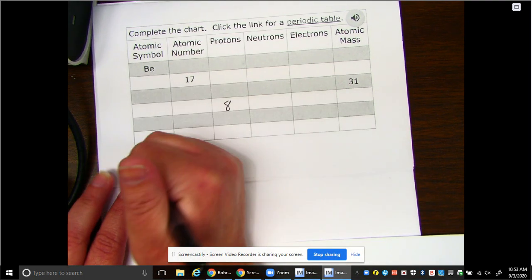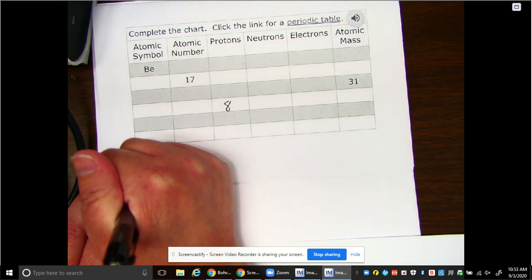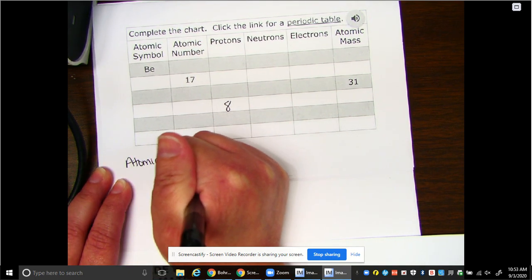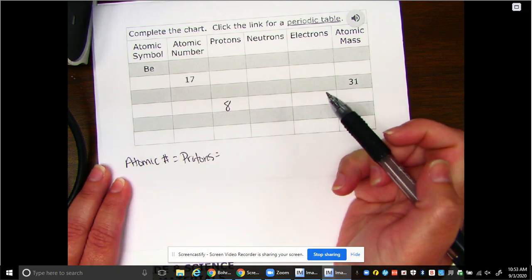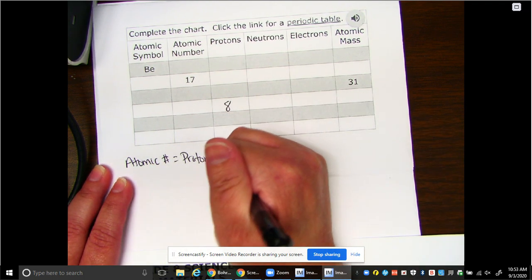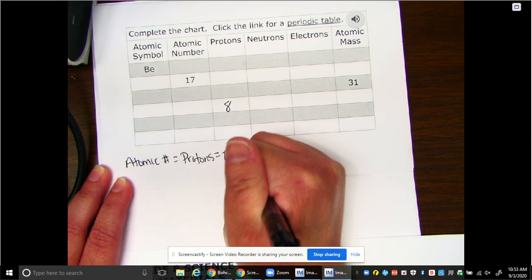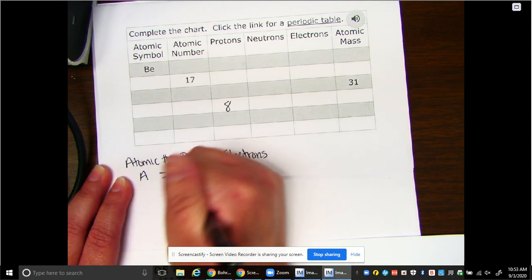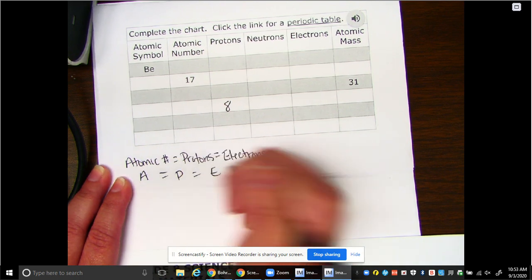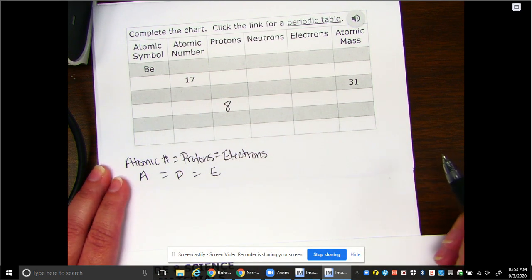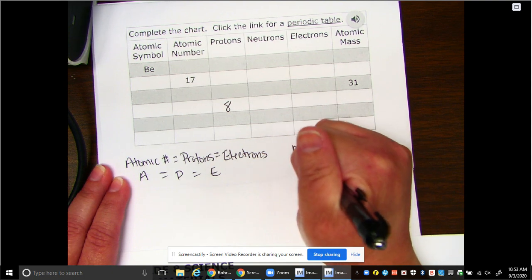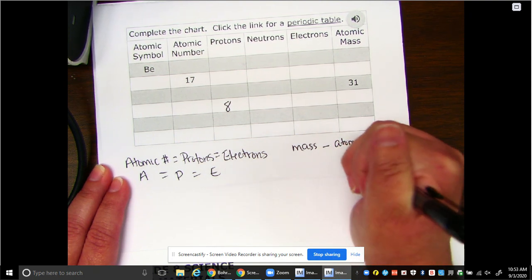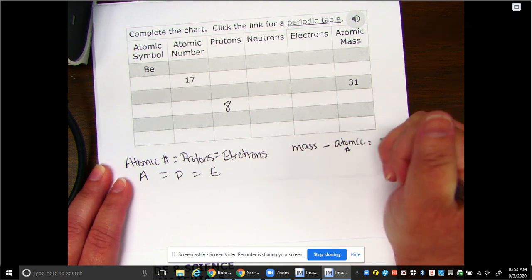So APE Man, if we remember, and it's on slide 2, is atomic number equals protons equals electrons. Okay, that's APE. A equals P equals E. And then your man is mass minus atomic number equals neutrons.